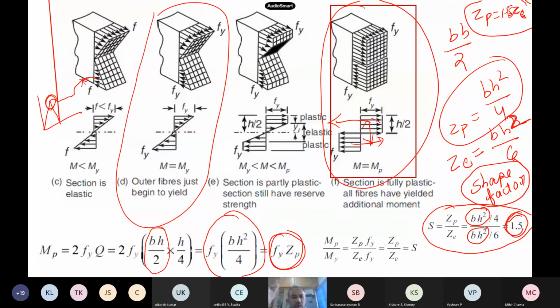So although you design elastically, you already have 50% reserve strength in the rectangular cross section. That is how it has to be interpreted. So the shape factor tells you the reserve strength or the extra strength before plastification, and it tells you the reserve strength in the beam after yielding has started.